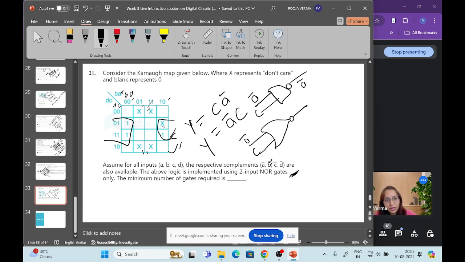If you multiply A bar C bar, you will get it, right? Or you can use an AND gate only, because the complemented input is given. A bar C, you will get directly A bar C. This is one way. Another way you can use a NOR gate, but here it is given. To input NOR gate we have to consider. So what will you get? The output A bar C bar, right?